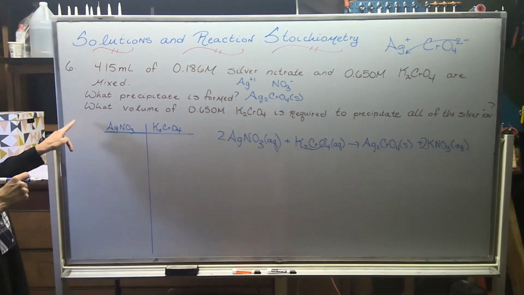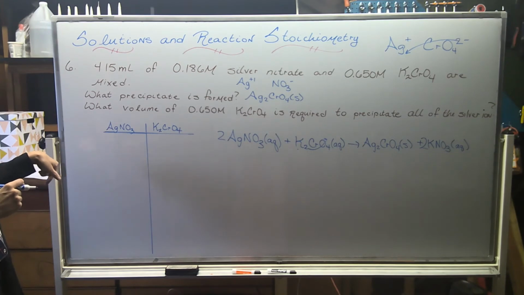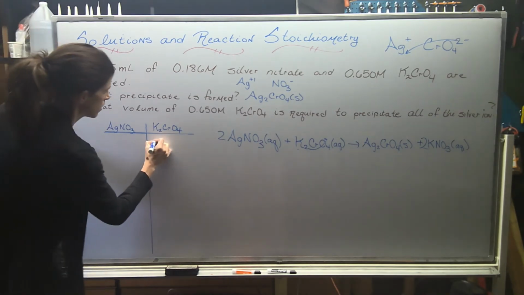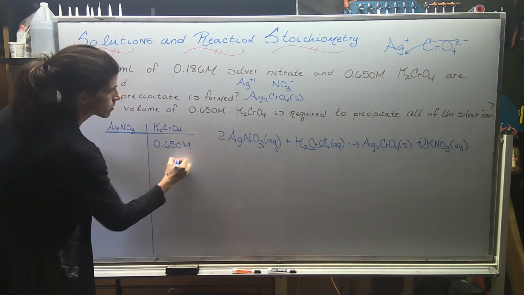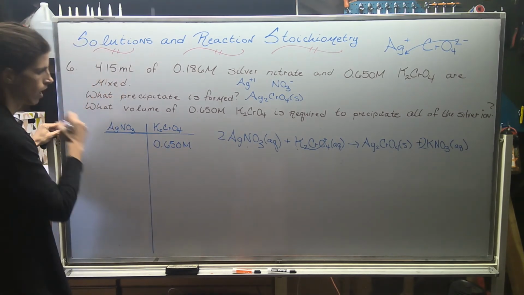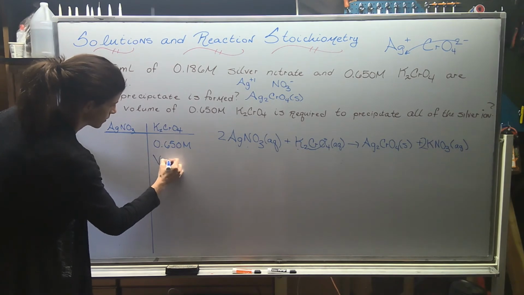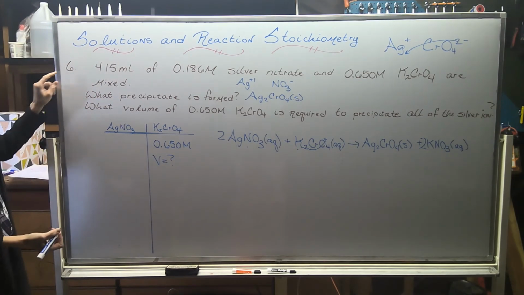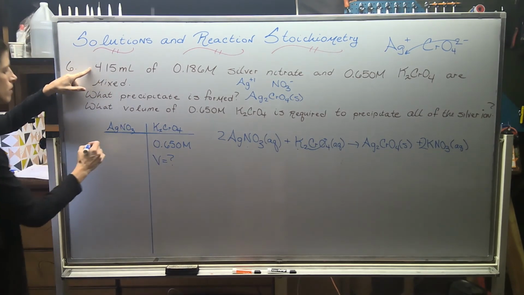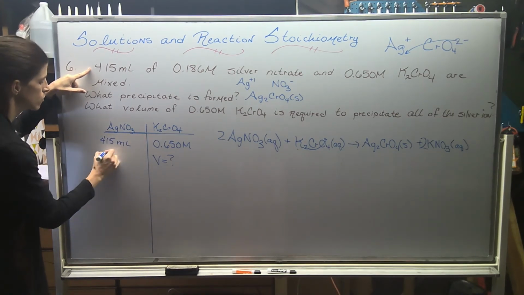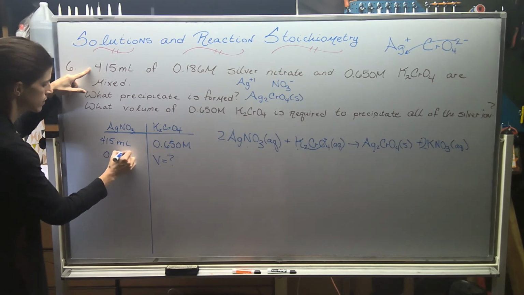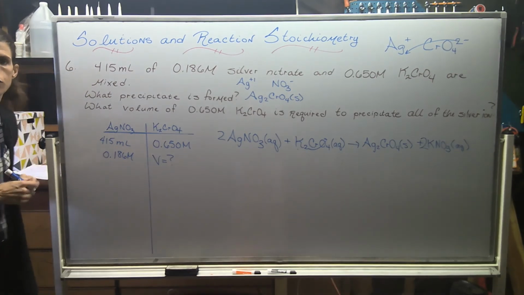What volume of 0.650 molar potassium chromate is required to precipitate all of the silver ion? What volume of this stuff? And then going back to the beginning, 415 mils of 0.186 molar silver nitrate.